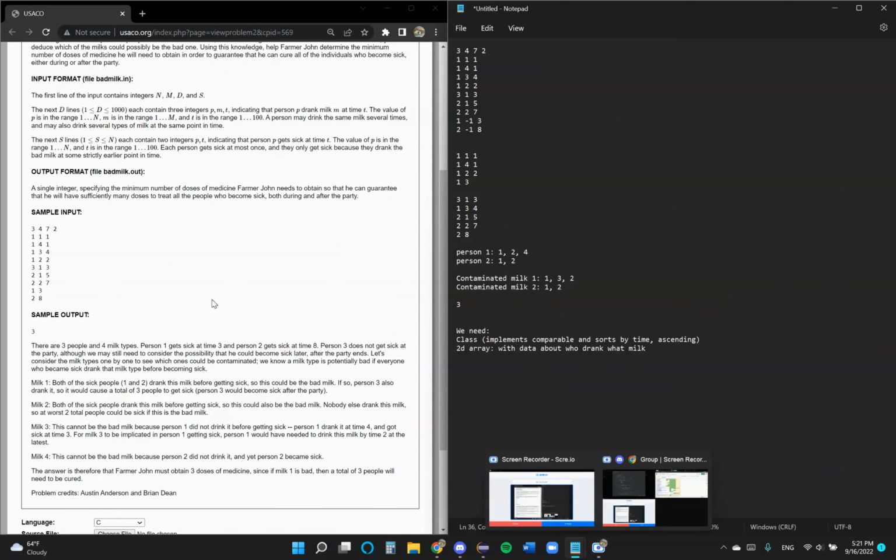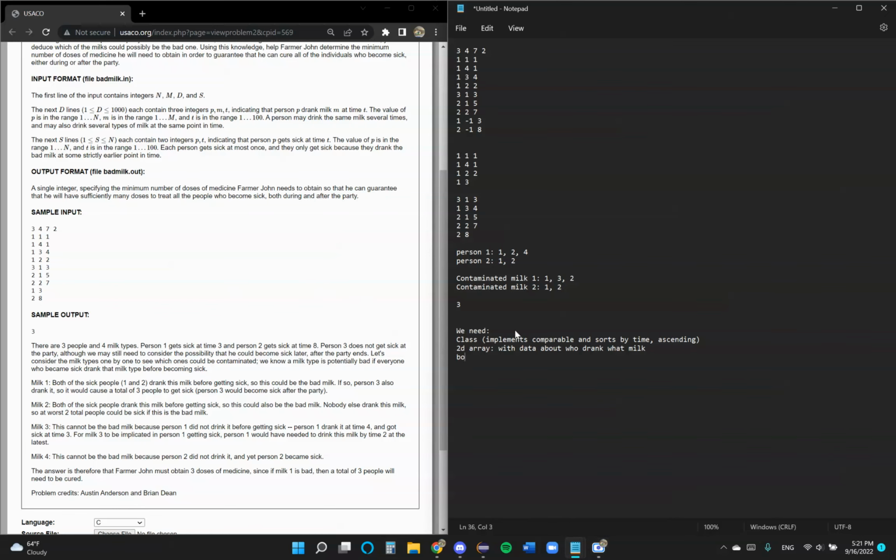So we're going to need a one-dimensional Boolean array, contaminated milk. And it's going to show which milks are contaminated and which ones aren't. So contaminated milk shows which milk types can possibly be contaminated.